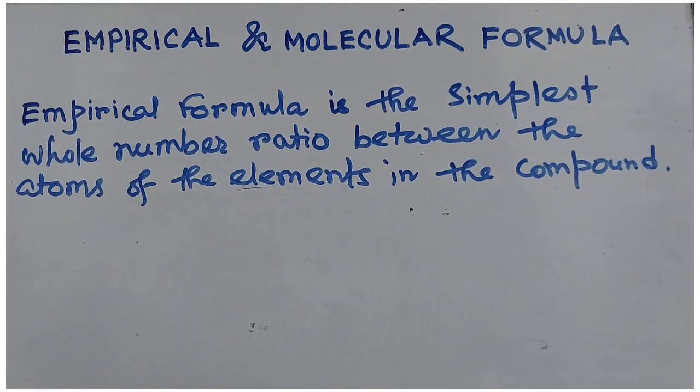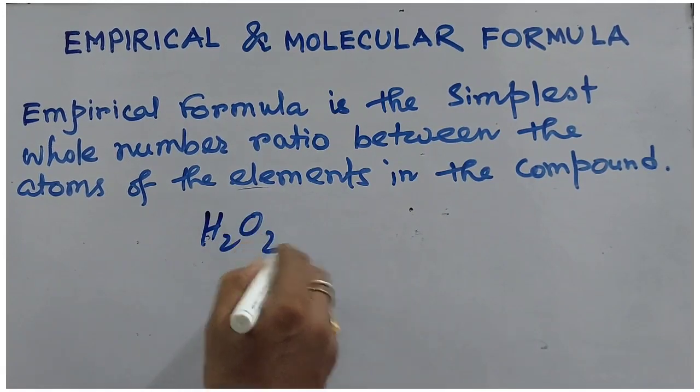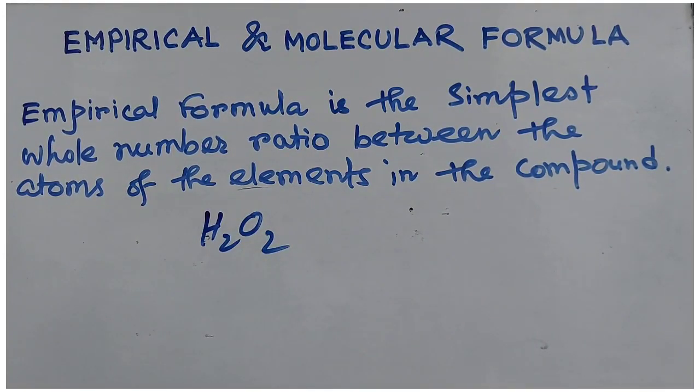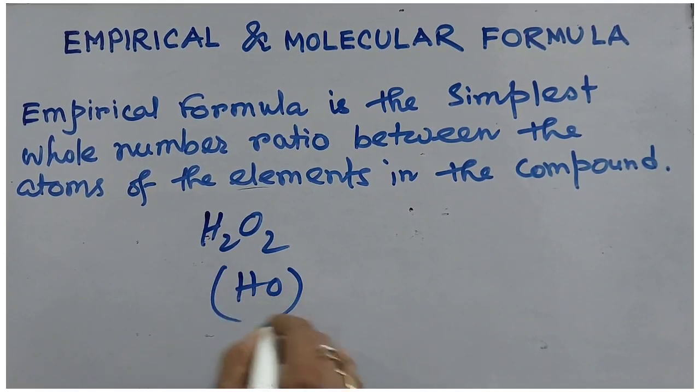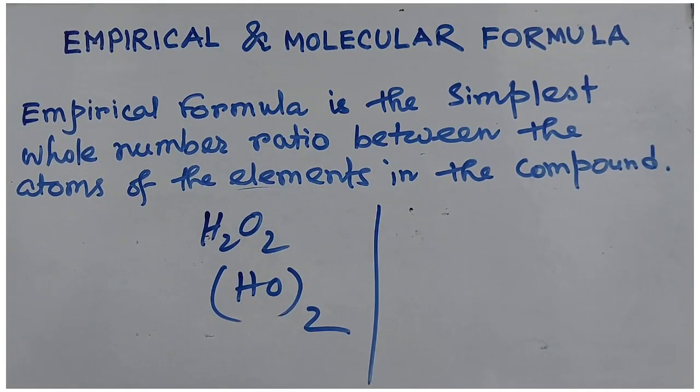In exams, if a question arises, which compound has a molecular formula that is 2 times its empirical formula, then the answer will be H2O2. Okay, HO whole suffix 2. And which molecular formula is 6 times the empirical formula?